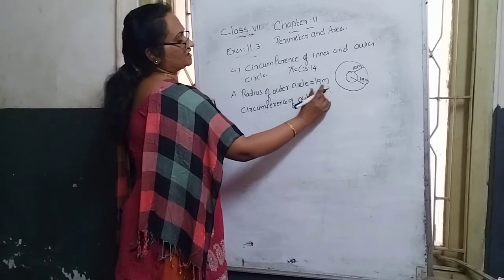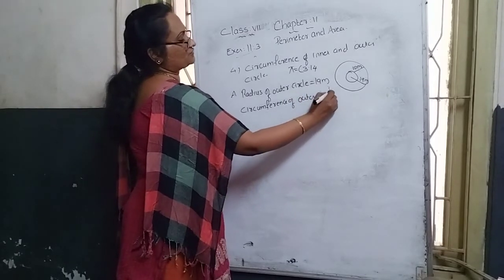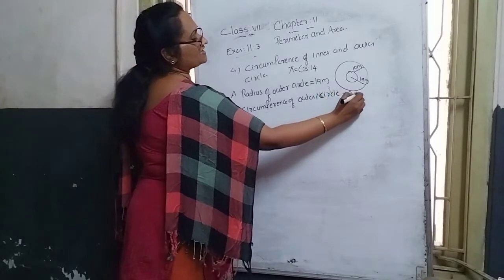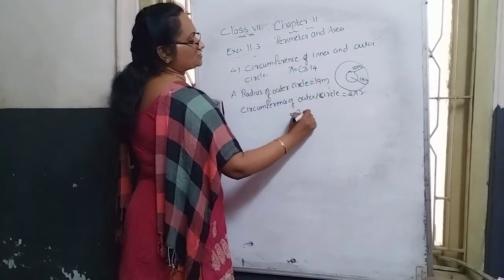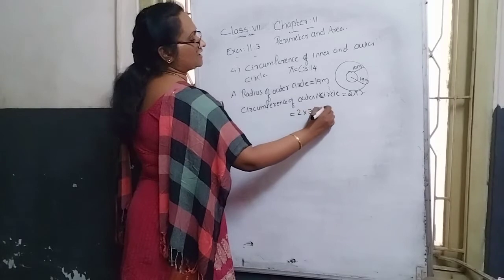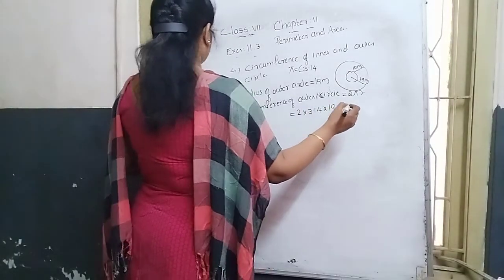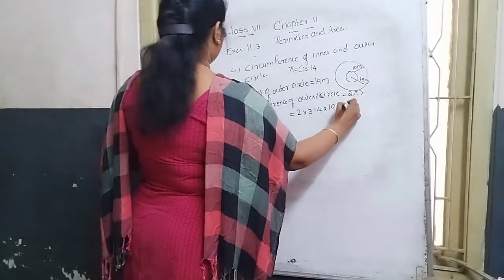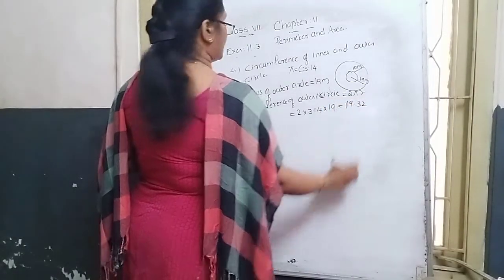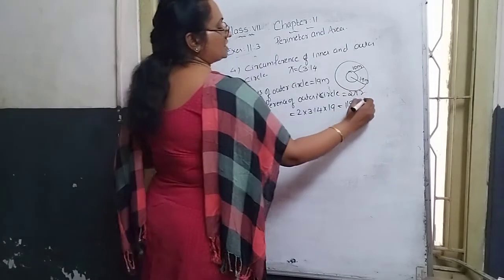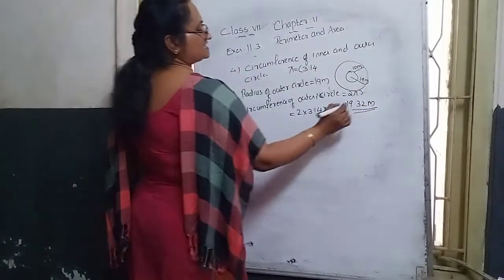The formula is 2 pi r. Pi place which value? 3.14. R place 19. Multiply, and the answer becomes 119.32. This unit is represented as meter.